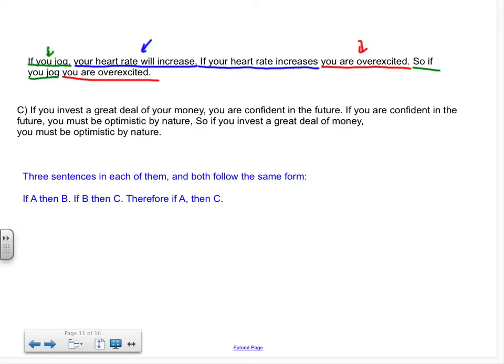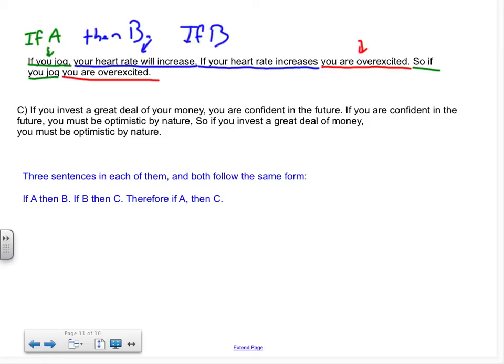So how does the basic structure of this work? If you jog, so if, we'll call the green A. If A, your heart rate will increase. Well, we'll say if A, then B. If you jog, then your heart rate will increase. If your heart rate increases, well, we called heart rate B. So if B, you are overexcited.